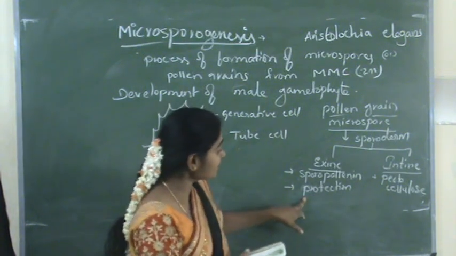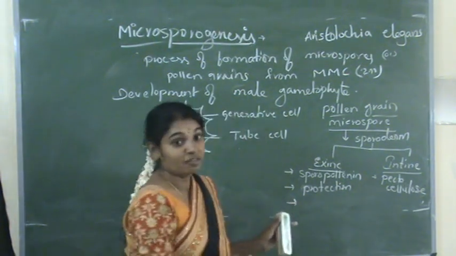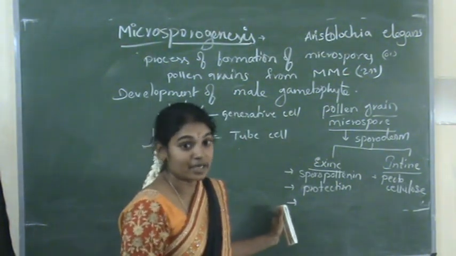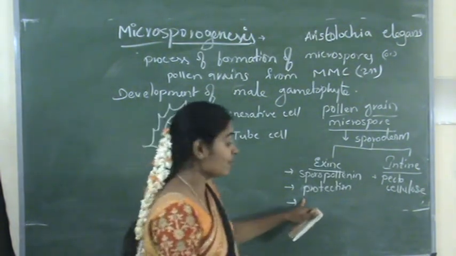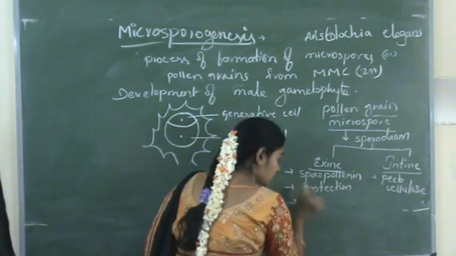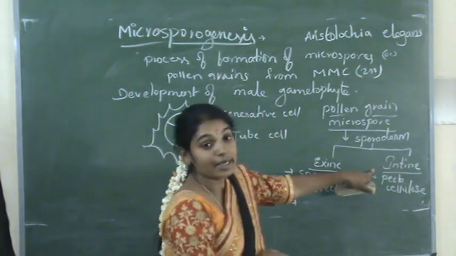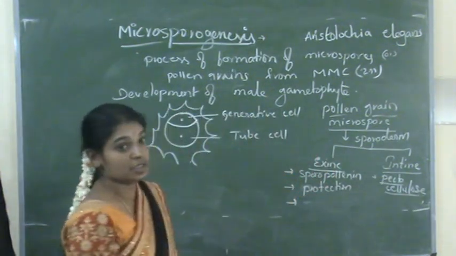Due to the presence of sporopollenin, the pollen grain's viability extends for a longer time, because it protects the pollen grain from physiological or biological activities. And intine is made up of pectocellulose.